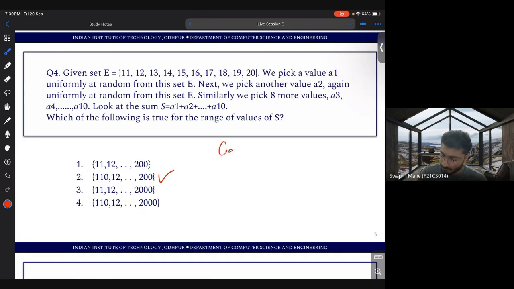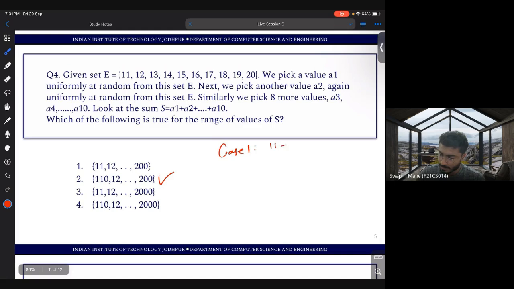In case one, suppose each of the 10 picks gives 11, the smallest value in this set: A1 is 11, A2 is 11, like this way, up to A10 is 11.